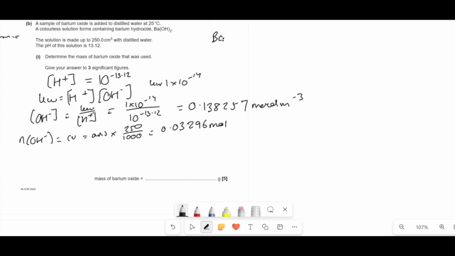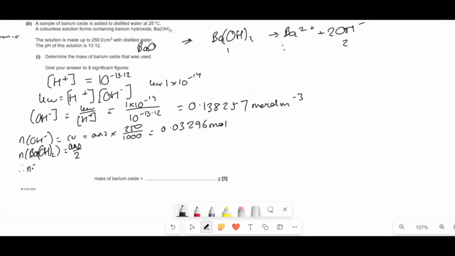So if we look at what happens with BaOH2 in water, that will dissociate into Ba2 plus and 2OH minus. We just worked out the OH minus. So this BaOH2 has a 1 to 2 ratio with that. So that means that the moles of the BaOH2 is going to equal your answer over 2. But then as well as that, this all came from dissolving BaO in water, and if we did write the equation for that, it would be a 1-to-1 ratio.